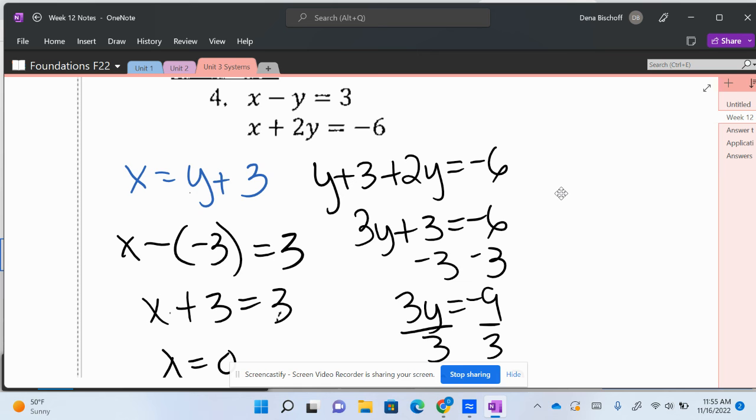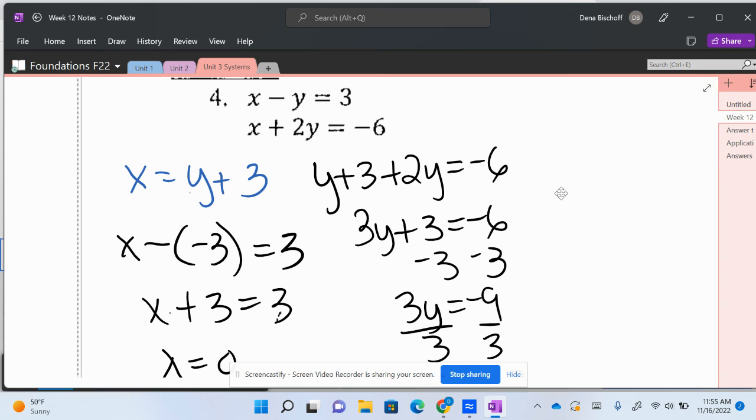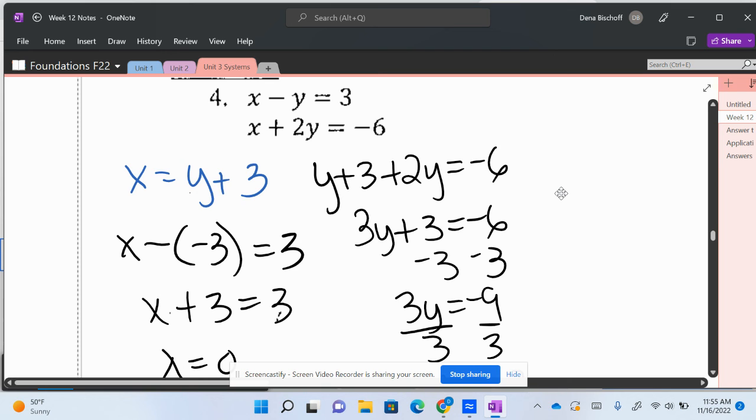So rewrite this equation, but instead of writing x, you're writing what you solved in the second equation. So what I want you to write is y plus 3 plus 2y equals negative 6. Now solve it. So you have a y and a 2y.